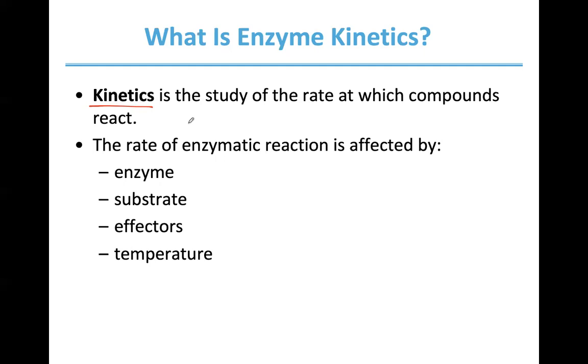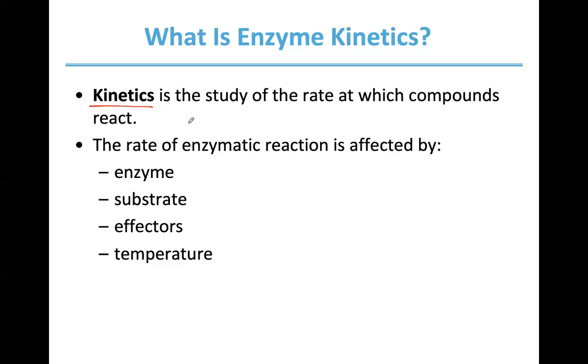Kinetics talks about the rate of the reaction. Remember the bag of sugar, right? So even though thermodynamically sugar will burn very rapidly, provided there are some catalysts, but if there is no catalyst, because of poor kinetics, the bag of sugar will sit on a shelf and nothing will happen to it.